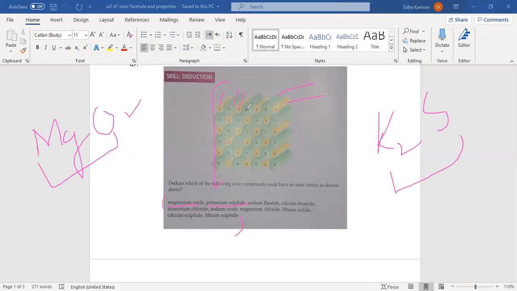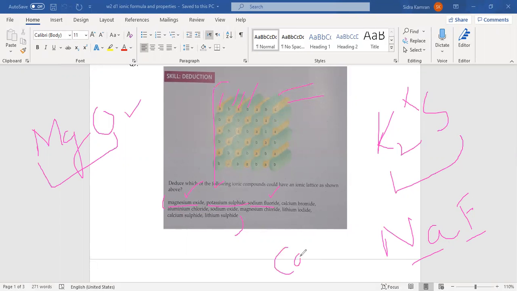Then one atom of metal and another non-metal. So alternate single atoms are attached to each other. So this will be the wrong one. Sodium fluoride, yes, both are single atoms. So it could be sodium fluoride, it could be magnesium oxide.